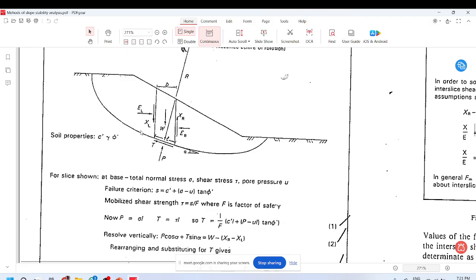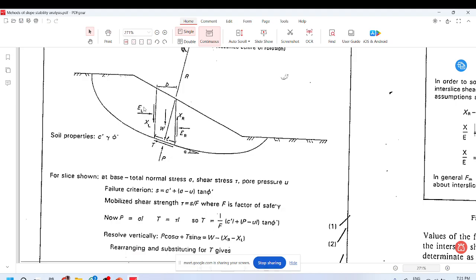W is the weight, XL and XR are the vertical interslice forces. XL is the left interslice force, XR is the right interslice force.